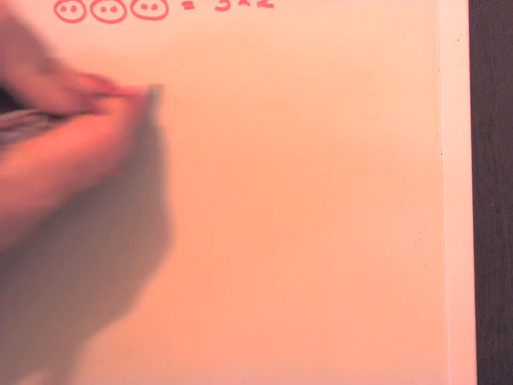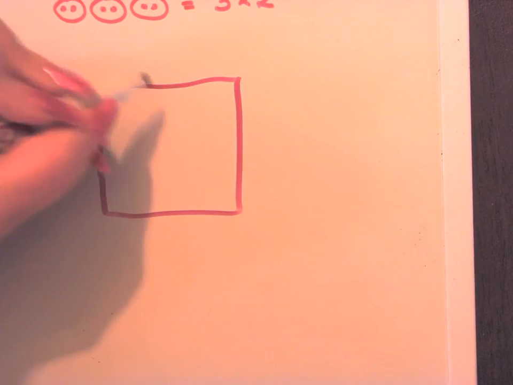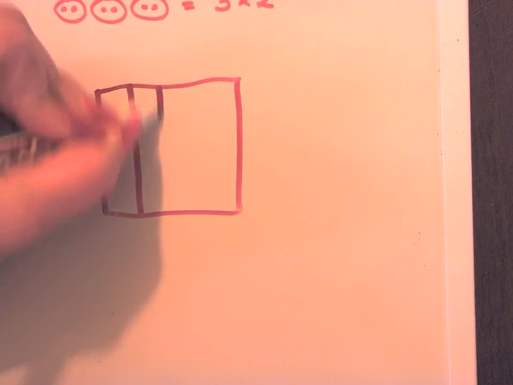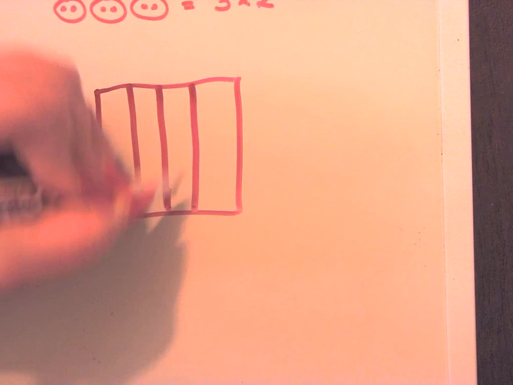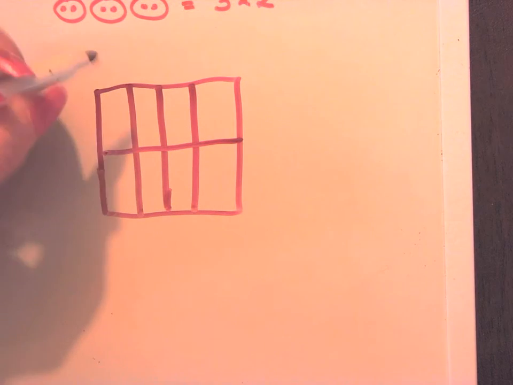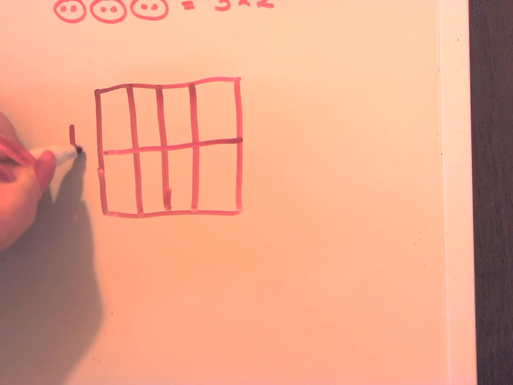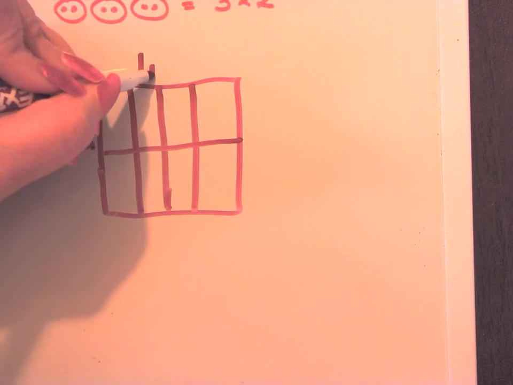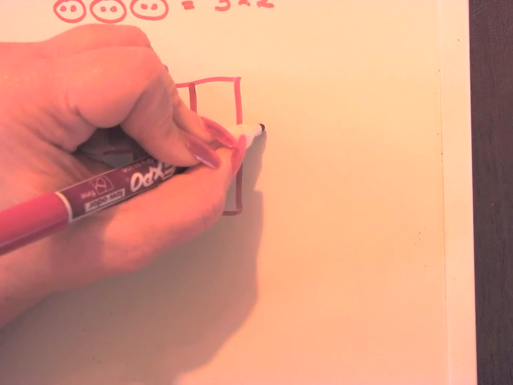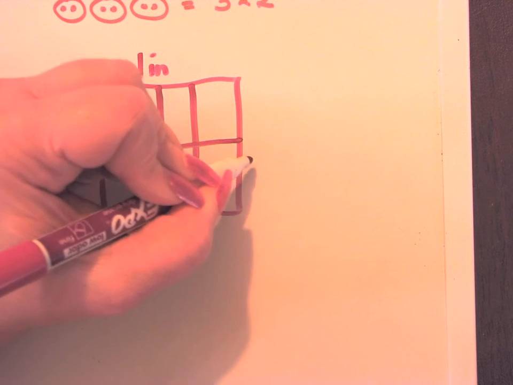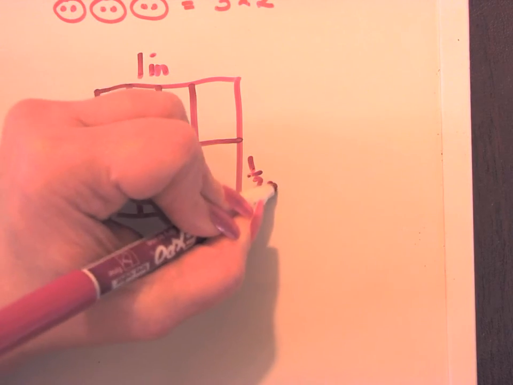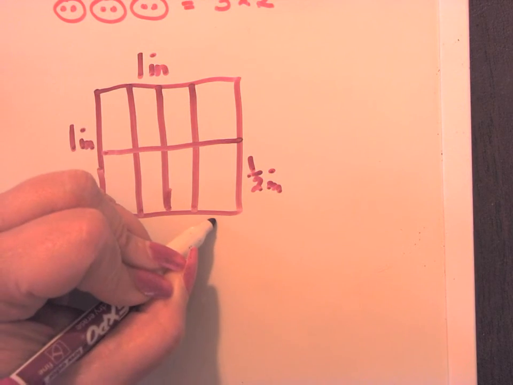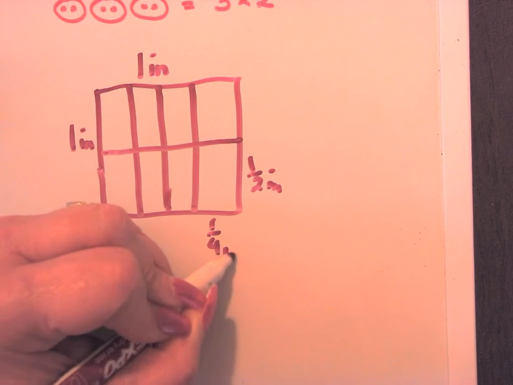You have a rectangle and it has pieces that look like this, and it's going across. This is 1 inch, and they say this little square down here is 1/2 inch, and this part of the square is 1/4 inch.